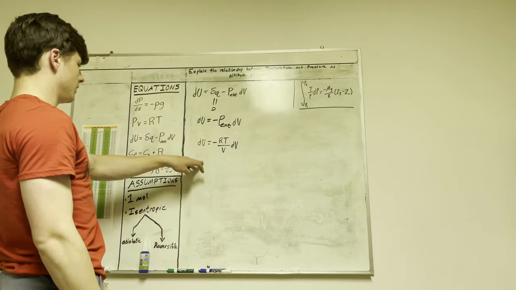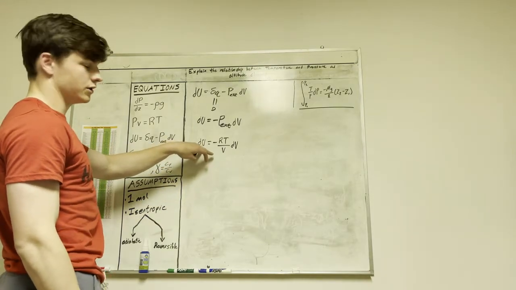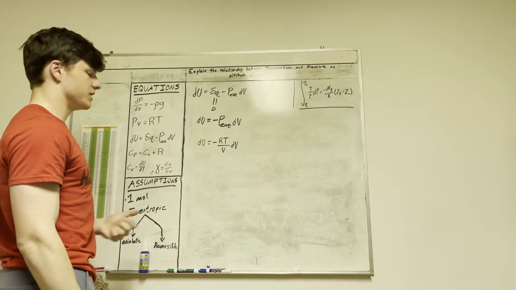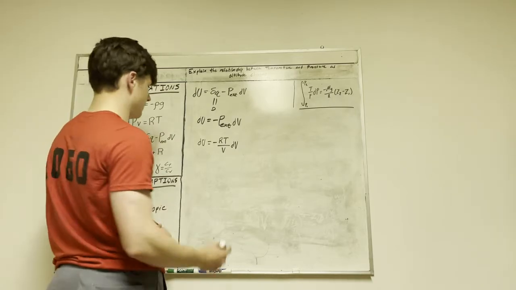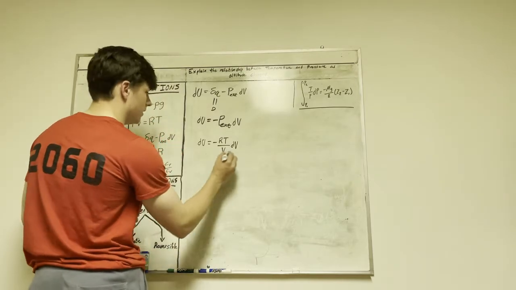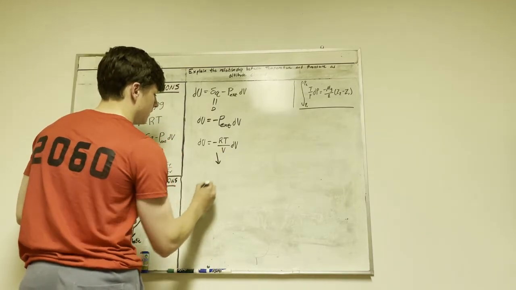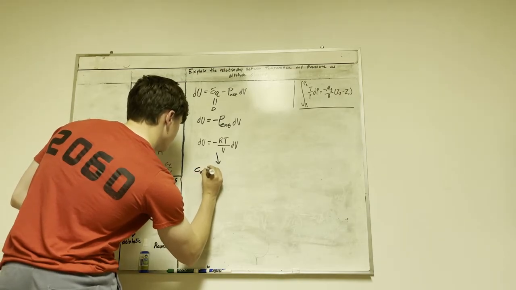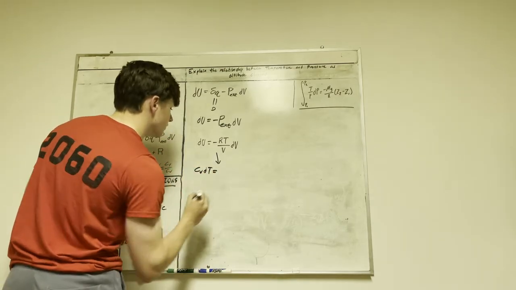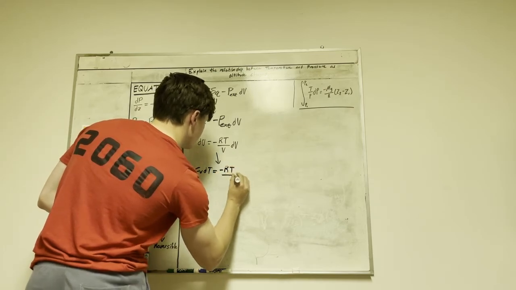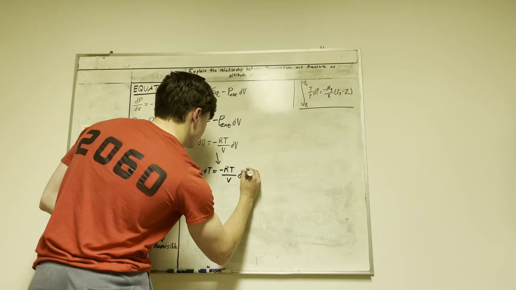And so then the change in internal energy is equal to the specific heat capacity at constant volume times a small change in temperature. So with that, we can go down here and we have CV dT is equal to negative RT over V dV.